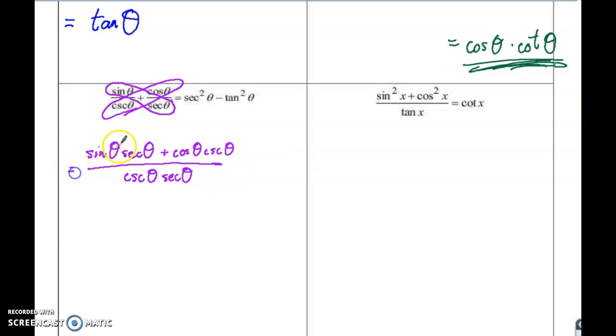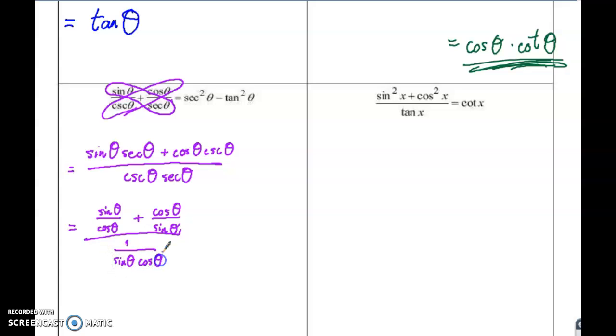Okay, so that's just working with the left side. So as you simplify that, that would be sine over secant, 1 over cosine, plus cosine over sine, which my reciprocal of cosecant is 1 over sine, I guess I should say. And then in the denominator, you'd have 1 over sine times cosine.